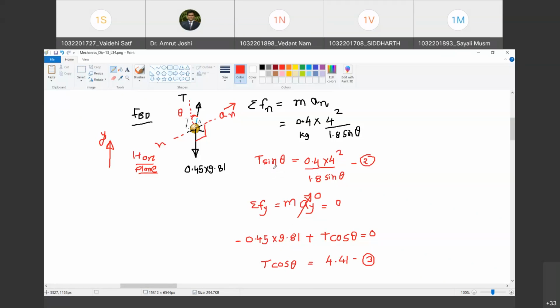Oh, in terms of cos 2 theta: 1 minus cos 2 theta upon 2. Yes, sir. Okay. Let me think. This is T sine theta.